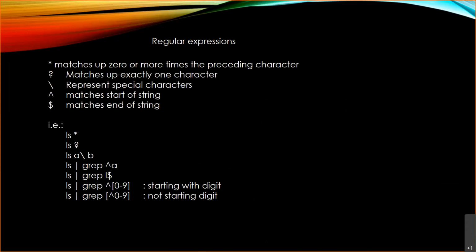And these are the regular expressions we use. Star matches zero or more times the preceding character, which means star defines anything, and question mark matches exactly one character. The backslash represents a special character, caret matches the starting of a string, and dollar matches the ending of a string.